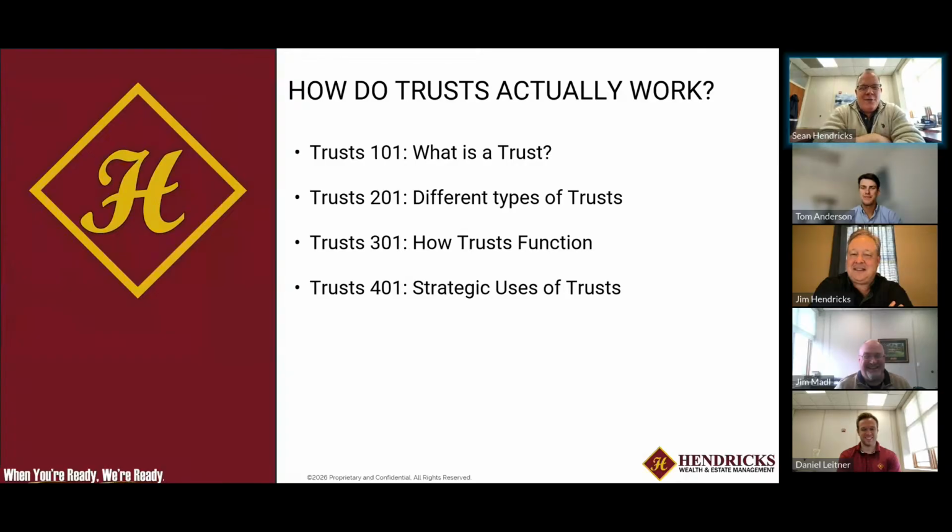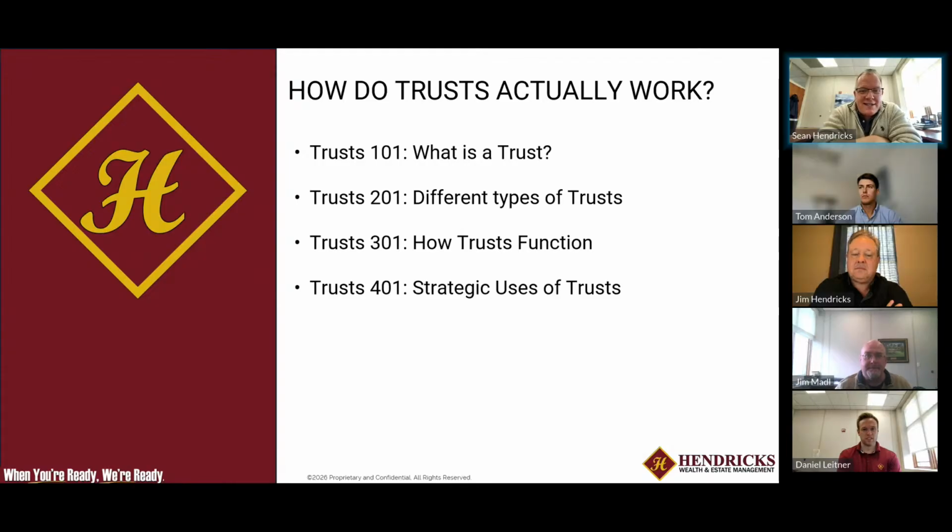So for the topic today, trusts can be a really big topic, and it could take a lot more time than we have today. So I wanted to break down the topic kind of like a college level course framework, where we're going to talk a little bit about some foundational stuff, Trusts 101, what is a trust? Then we're going to get into Trusts 201 and talk about different types of trusts.